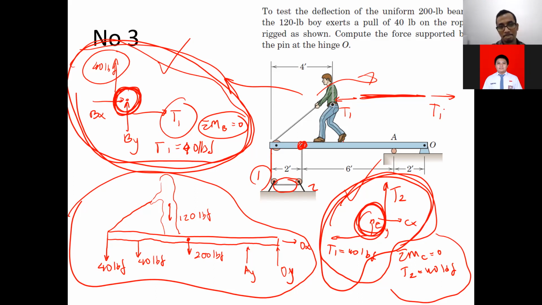Okay, how about the third pulley on the edge of the uniform beam? In that case, the pulley will be slightly different. Okay. It will be like this.